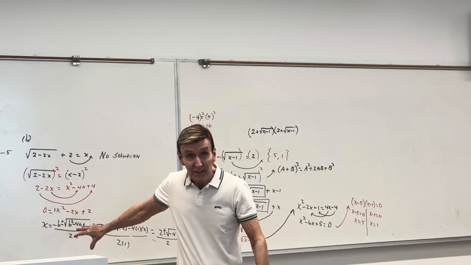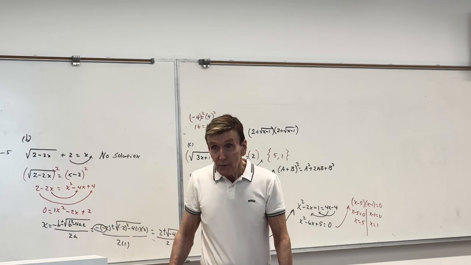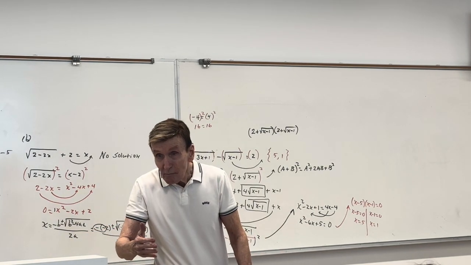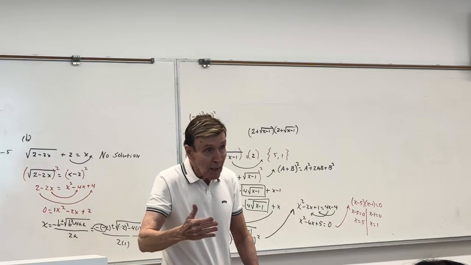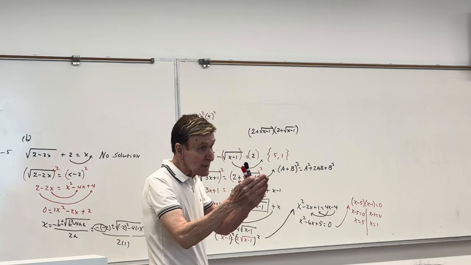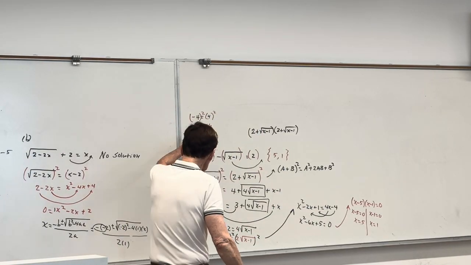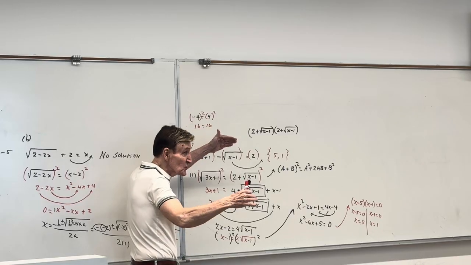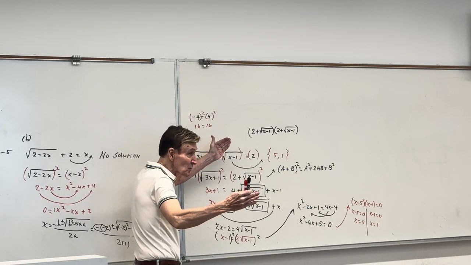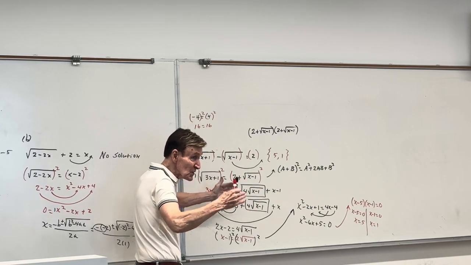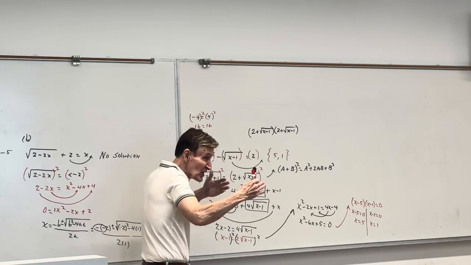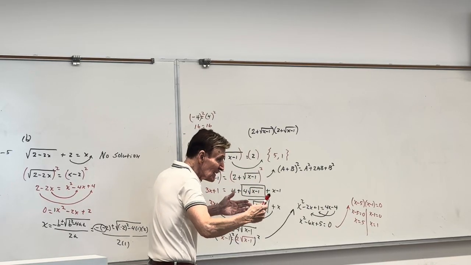In fact, in this case, it did not work. Or one may work, both may work, none may work. All because of that squaring business. This could be the original problem, which is false. After you square it, you turn it into a true. That's what's happening here. So somewhere in my process, when you square both sides, you may be changing the form of the original into a true.